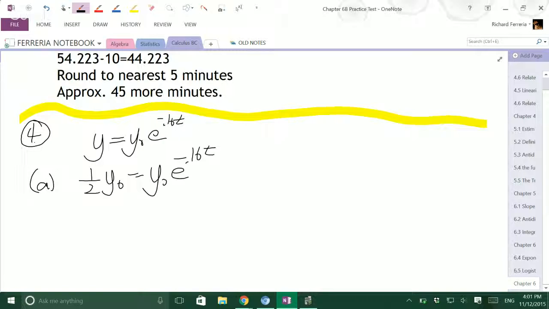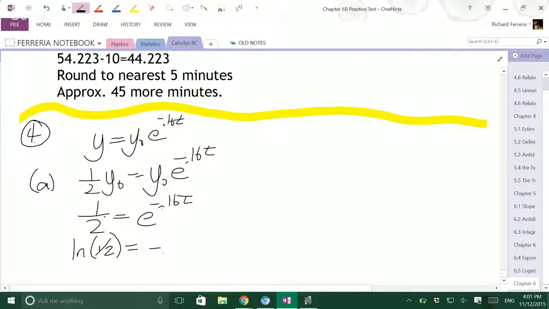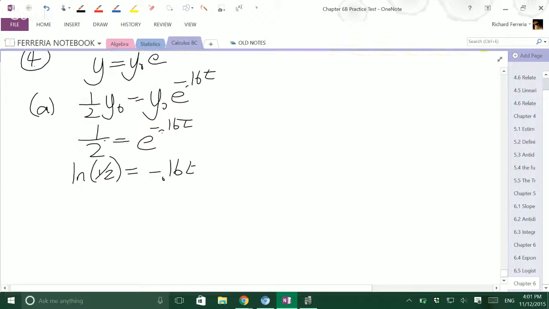The y naughts cancel, you'll get 1/2 equals e to the negative 0.16t, right? Natural log both sides. Divide both sides by negative 0.16. And you'll get the natural log of 1/2 on negative 0.16 is equal to t.